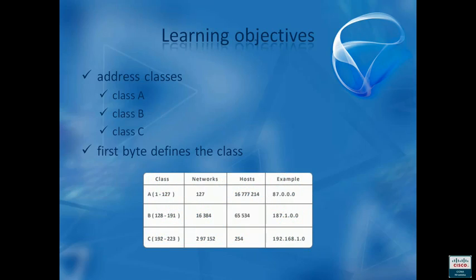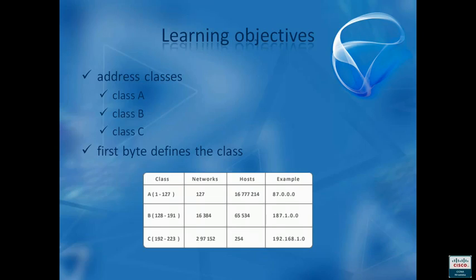As we said at the beginning, there are different classes of IP addresses. In this video, we will talk about Class A, Class B, and Class C addresses, but you should know that there is also a Class D and Class E. The first byte of an IP address defines the class. What that means is that you can tell to which class the address belongs just by looking at the first number.